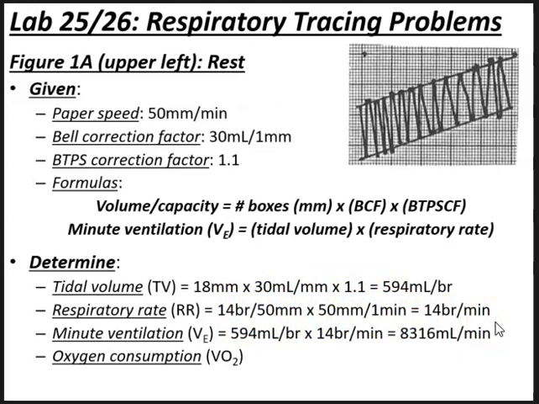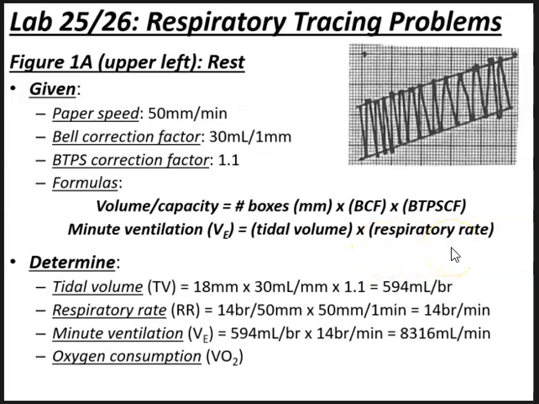So now that we have our respiratory rate, we can use this value, as well as the tidal volume, to get minute ventilation. Okay, this is the amount of air that we are ventilating within 1 minute. The formula for minute ventilation is we multiply tidal volume by the respiratory rate.